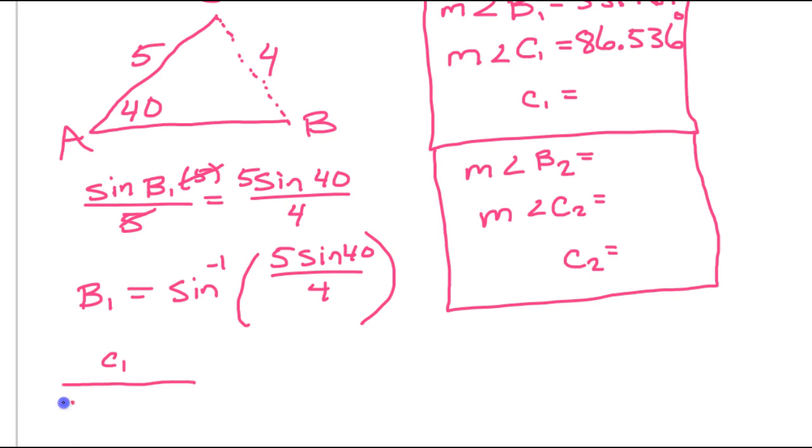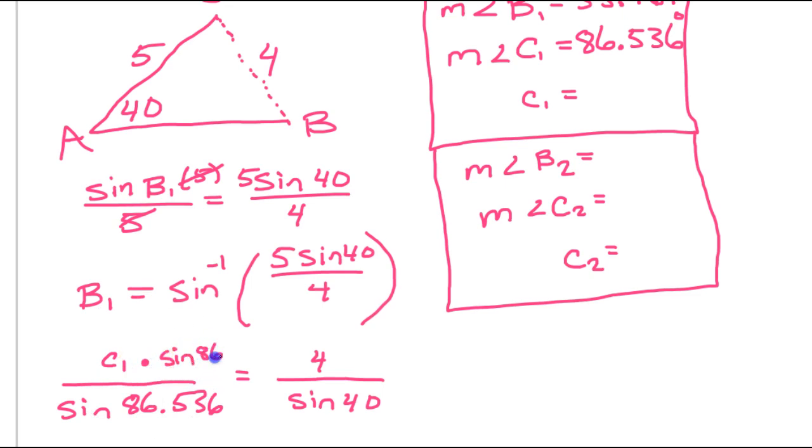So C1 over the sine of angle C1, so that's 86.536, is going to equal, using this pair again, side A over the sine of angle A. I need to multiply both sides by the sine of 86.536, because that way these will cancel each other out, leaving C1 by itself.